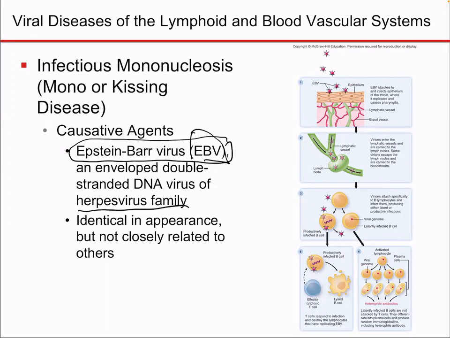Another name for the Epstein-Barr virus is human herpes virus type 4. And the disease that this virus is associated to is called infectious mononucleosis, or also the kissing disease.